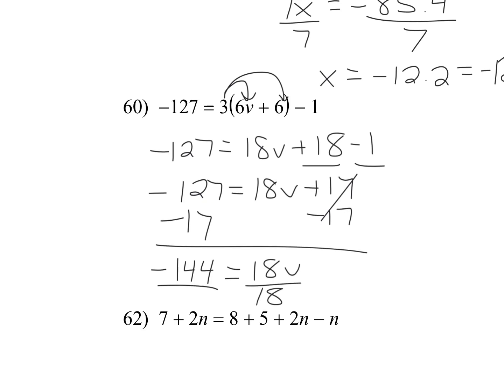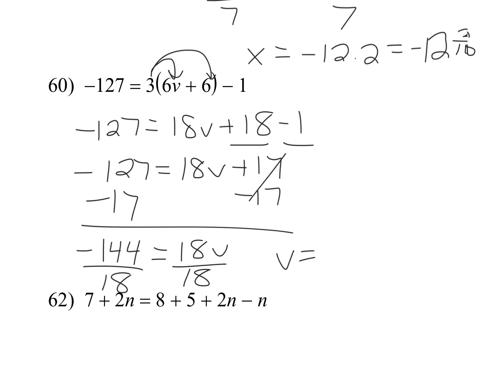So we get v equals negative 8. Okay, biggest thing on this one to be careful with is that negative 127, that's negative. It's not positive. You got to make sure you remember that that is negative. Okay? Nice job. We got one more to look at.